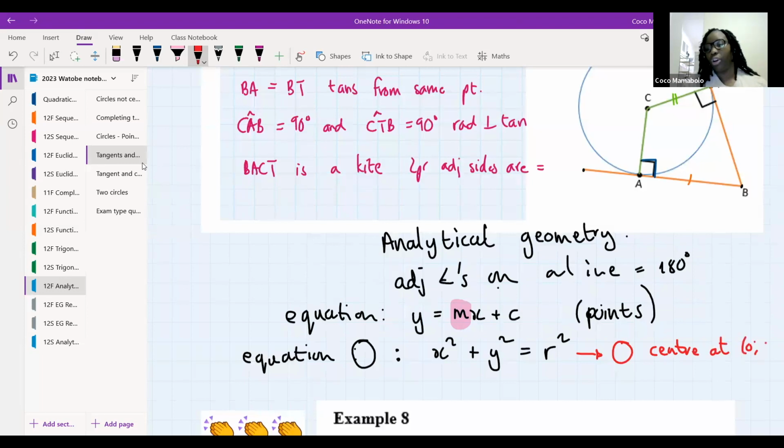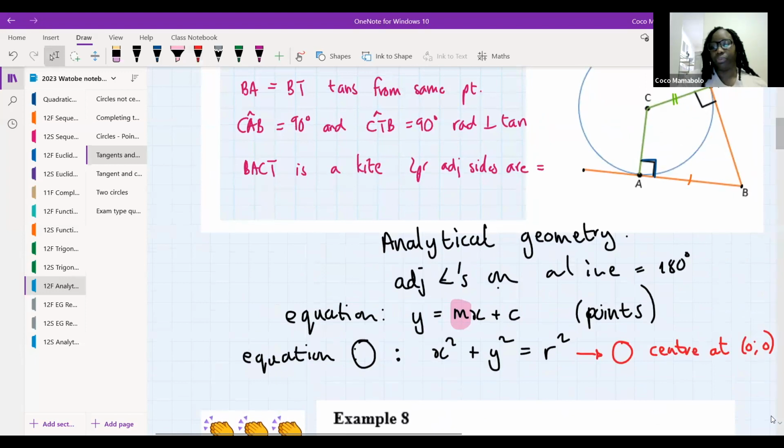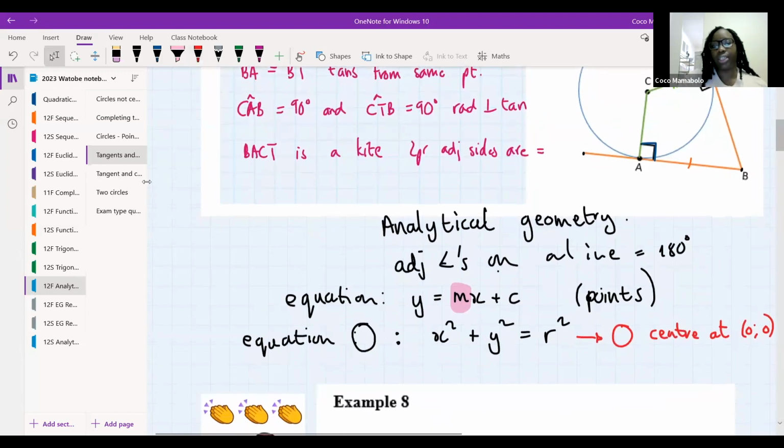What do we know about the equation of a circle when our center is not at the origin of our Cartesian plane? Let me see if Leanne can answer this one.